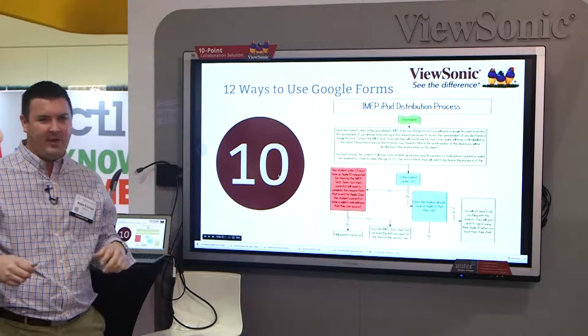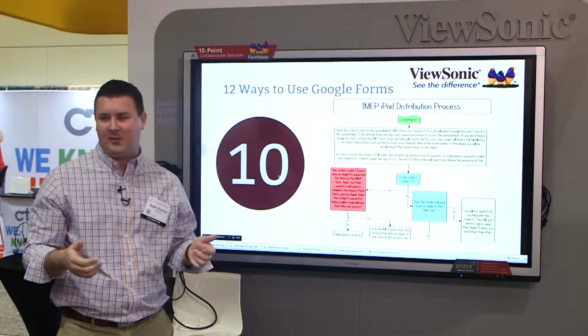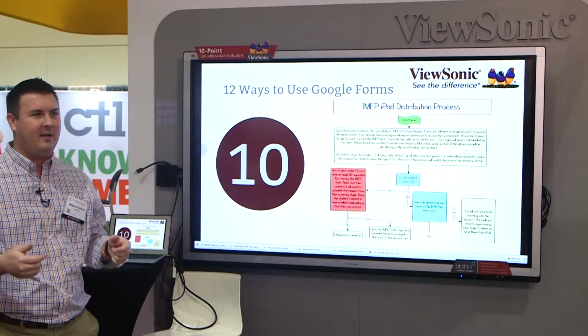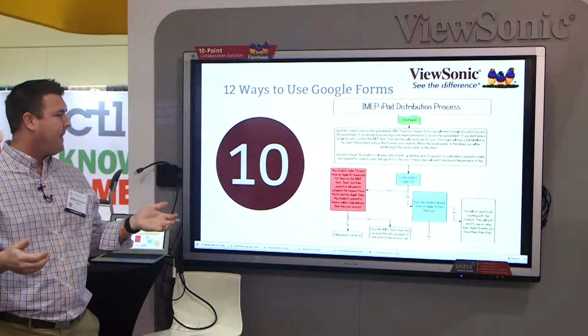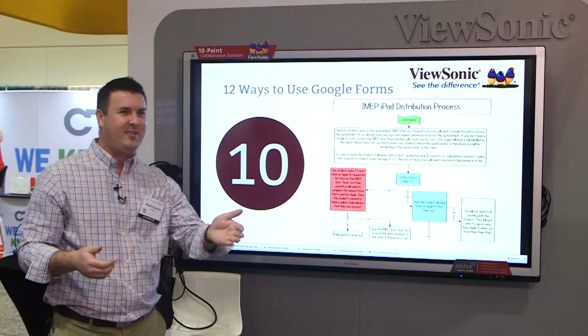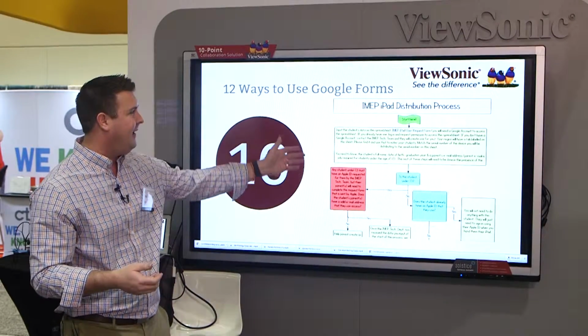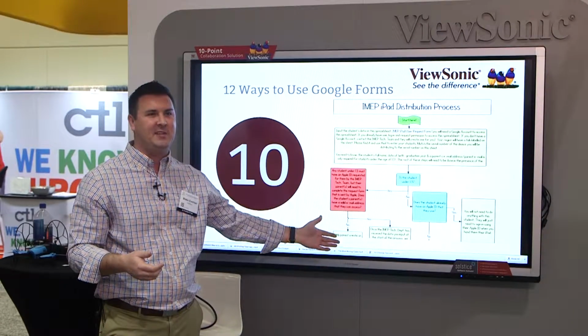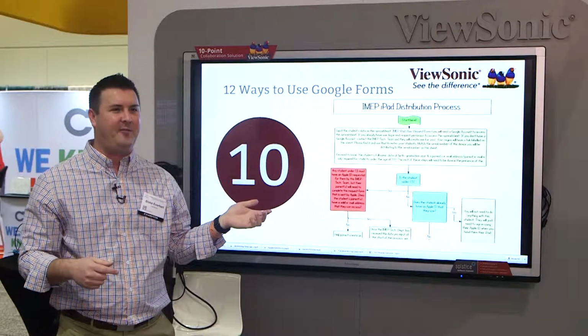Here's one sample, if you use iPads in your classroom, right? This iTunes user account has been a pain in the rear for kids 13 and under. So here is our process and procedure. What we did is we put this in a form format.